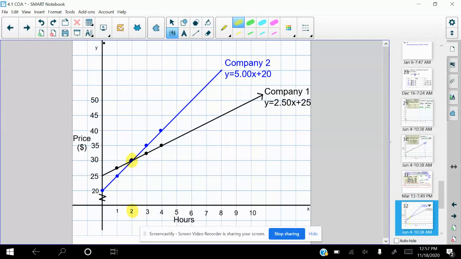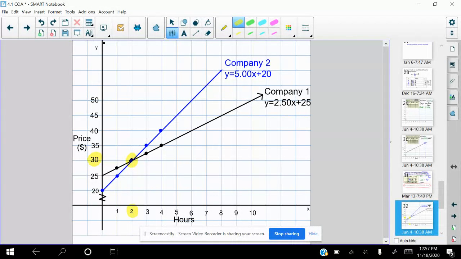That's at the point of 2 hours. That's also at the point of $30. So that's telling us if we rented from company 1 or from company 2 for 2 hours, it's going to be the exact same price because they're both going to be $30 for 2 hours.